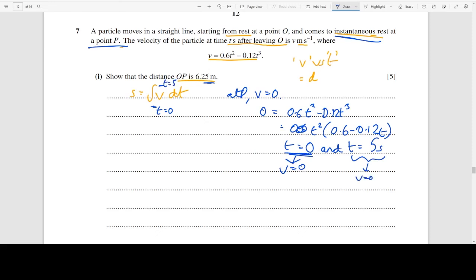So we just have our integral ready. s is equal to the integral from 0 to 5 of 0.6t² minus 0.12t³ dt. We'll just integrate.